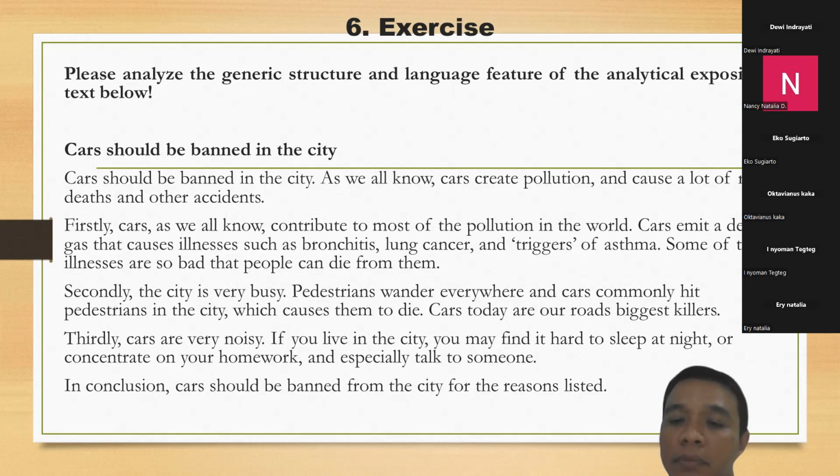Because all are mentioned above that considered the argument, and then we find the conclusion why cars should be banned from the city. The conclusion will be the reiteration. Yes, reiteration. Okay, thank you very much for answering about the generic structure of analytical exposition text.